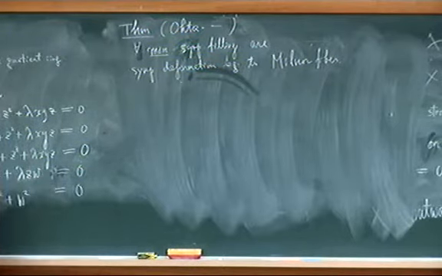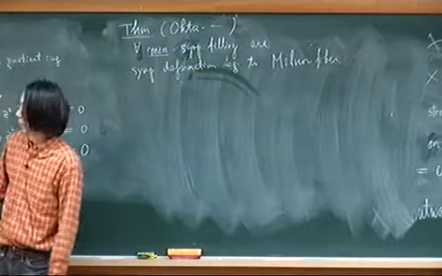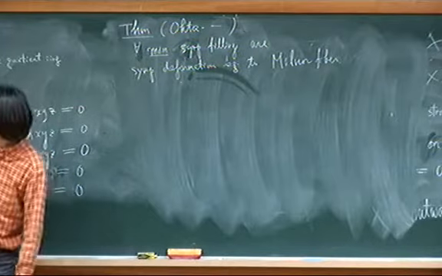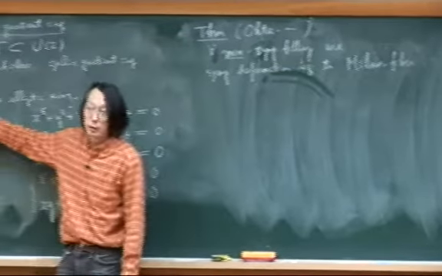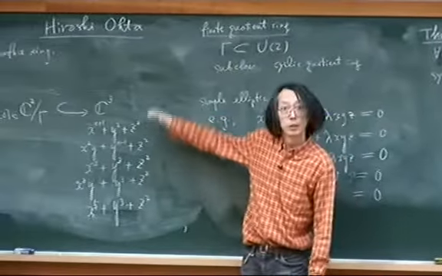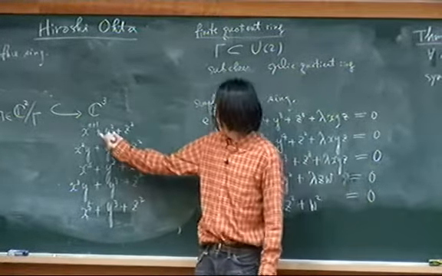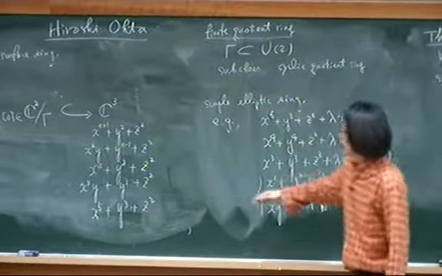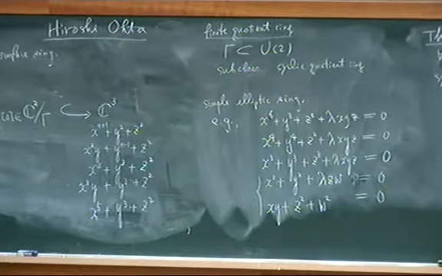And if you set this one equal to a non-zero number, say 1, then in this case we have a smooth, non-singular hypersurface. So we call it the Milnor fiber. Just take this polynomial and set it equal to 1, and then we call it the Milnor fiber.